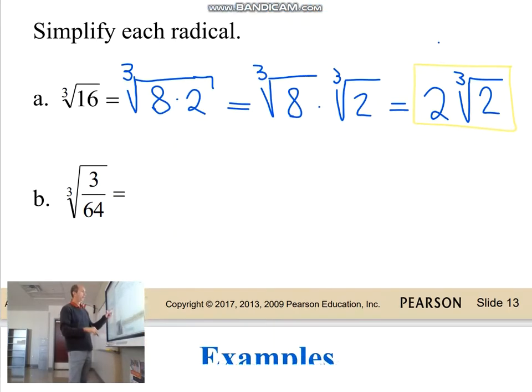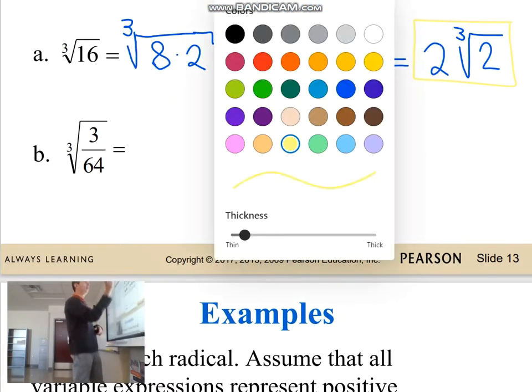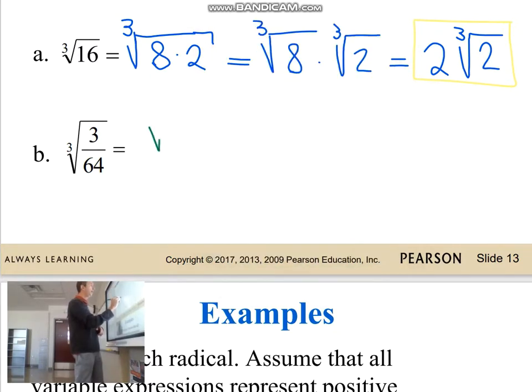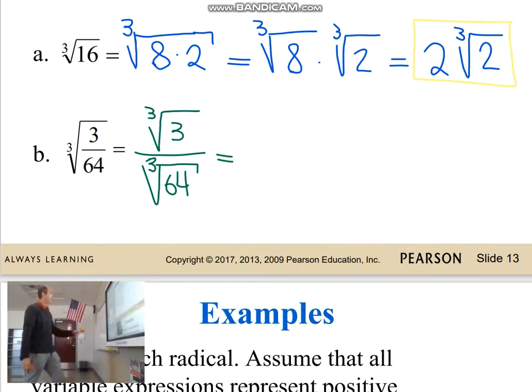Letter B, cube root of 3 over 64. And think about it, how can you simplify? We can write this as cube root of 3 over cube root of 64, okay? Now think on the numerator, there's nothing we can do because 3 is already a prime number, we cannot break it down, but maybe on the denominator, there's something we can work out.